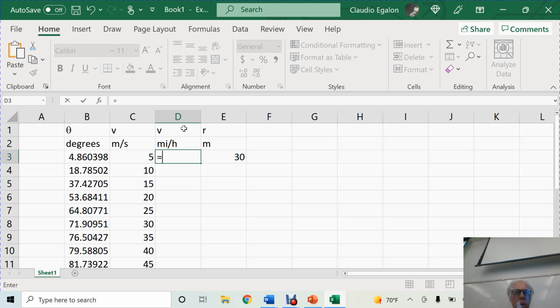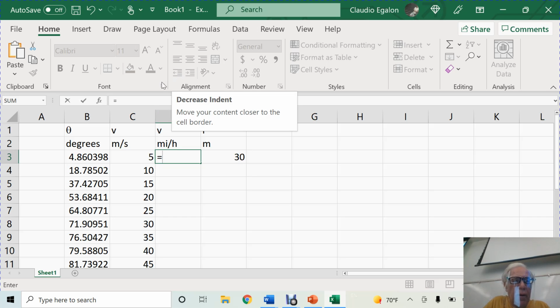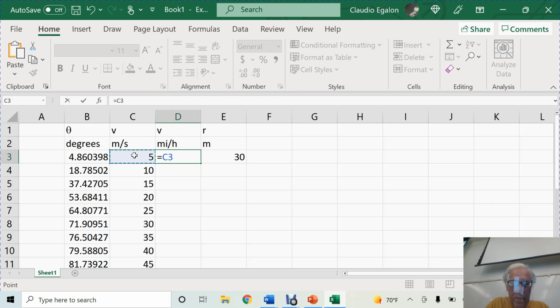So how do you change that to miles per hour? We have 5 meters per second. Divide by 1,000 to get kilometers first, and then multiply by 3,600 for seconds to hours.